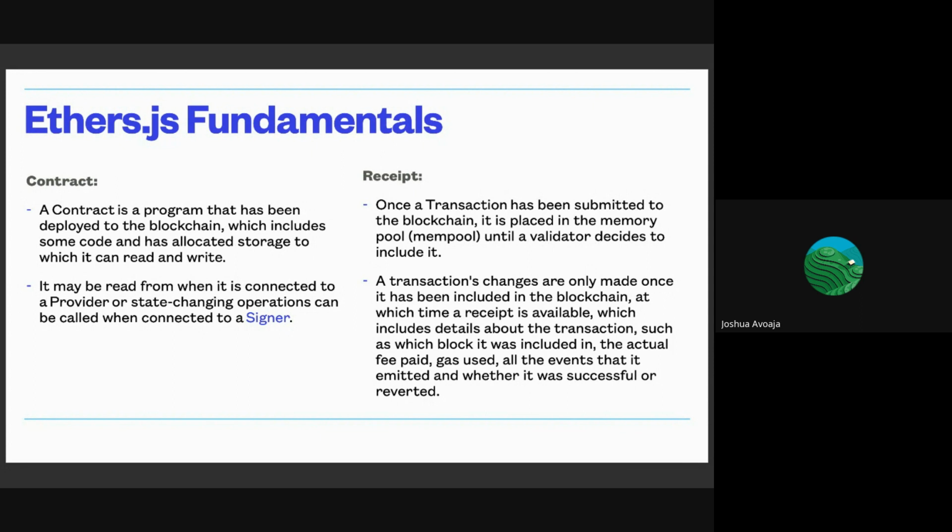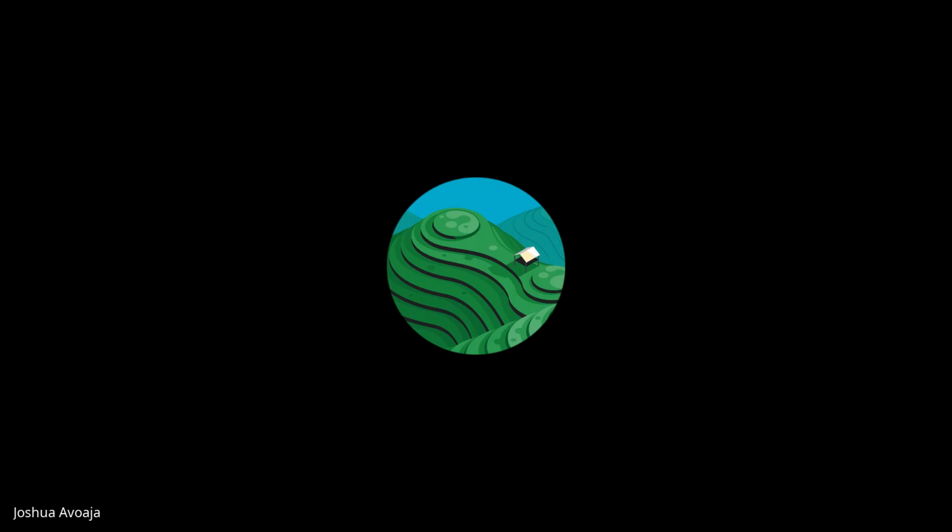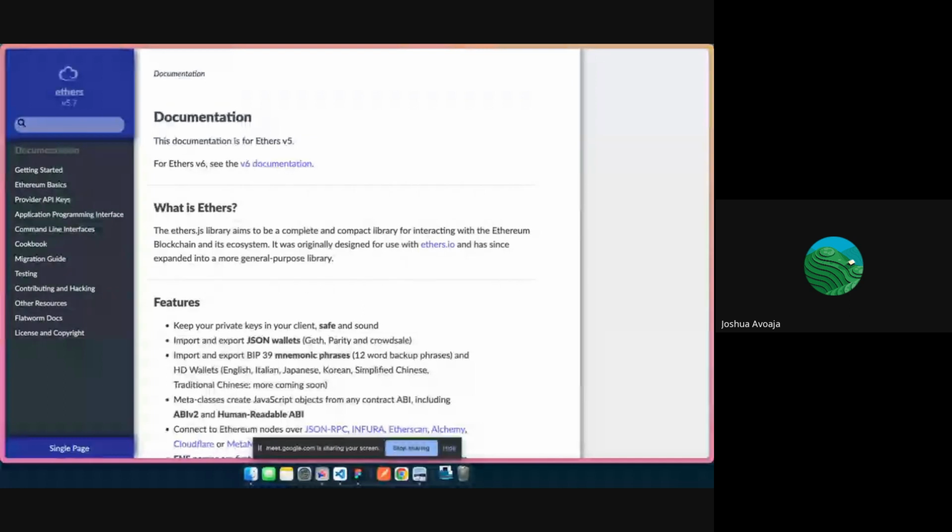Let me pull up an example of instantiating with a provider or a signer. So can you see my screen?